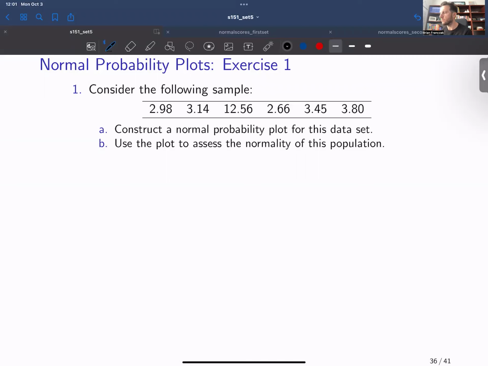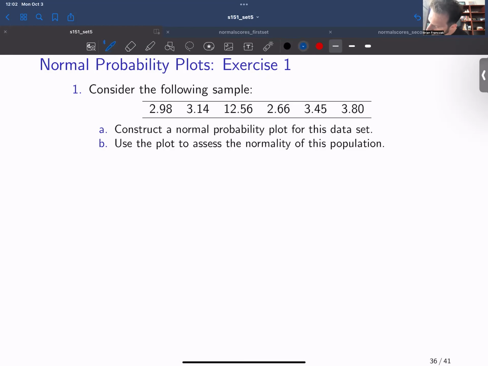So a normal probability plot is essentially a coordinate grid where we line up the observation that we have observed with a value from the standard normal table, or a quantile of the standard normal curve, more specifically. The way that this works is we will begin by ordering our observed data from smallest to largest.